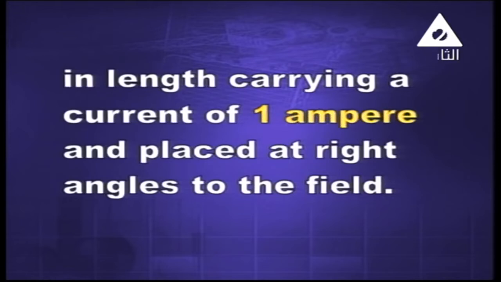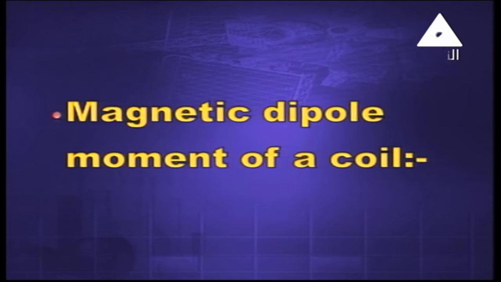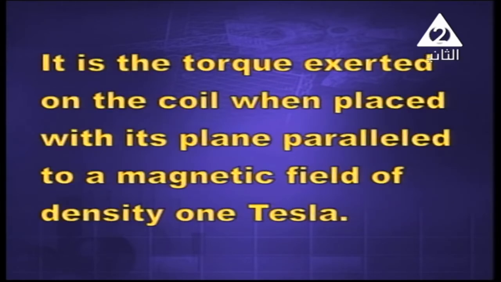And finally, definition of magnetic dipole moment of a coil. Yes, this is a little bit difficult. It is the torque exerted on the coil when placed with its plane parallel to a magnetic field of density 1 Tesla.